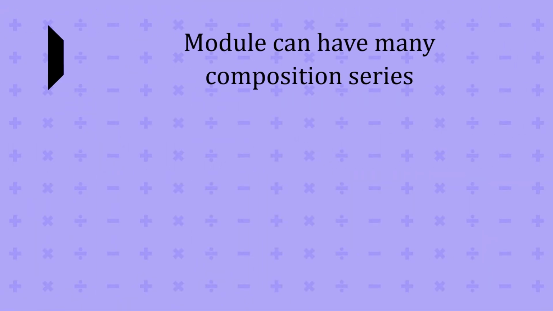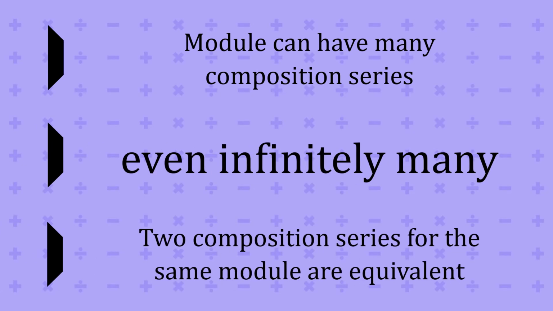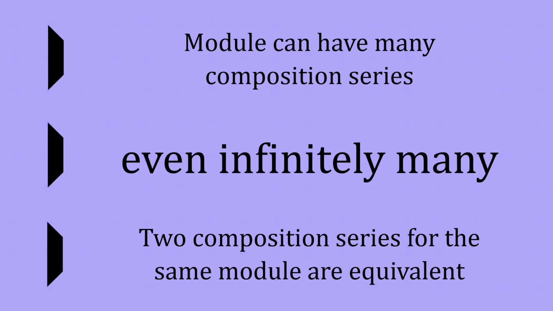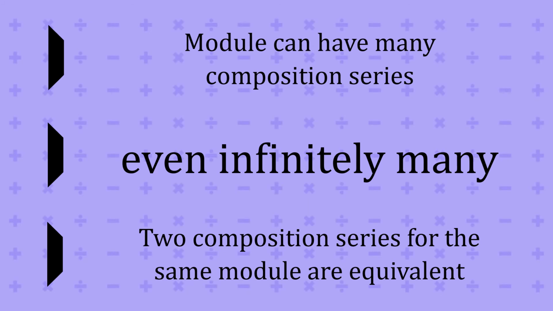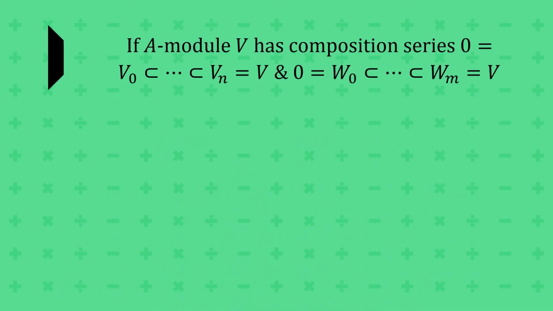Now let's define equivalent composition series. In general, a module can have many composition series, even infinitely many different ones. Two composition series for the same module are called equivalent. However, the Jordan-Holder theorem shows that any two equivalent composition series have the same length and the same factors up to isomorphism and reordering.